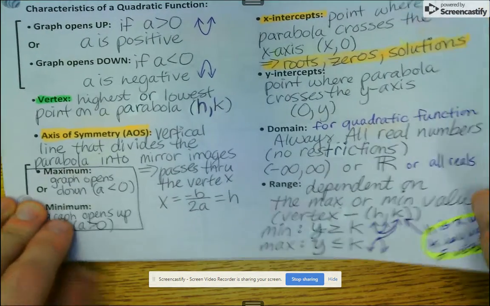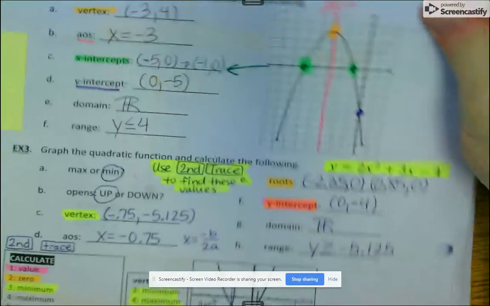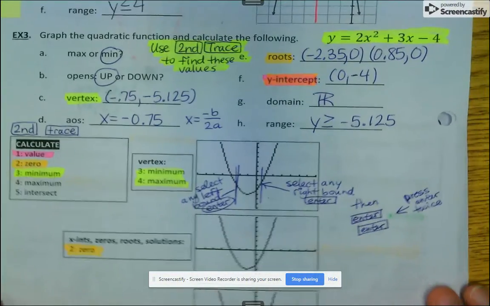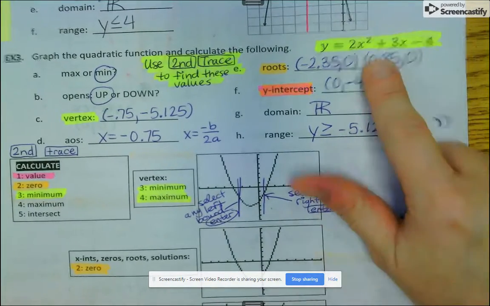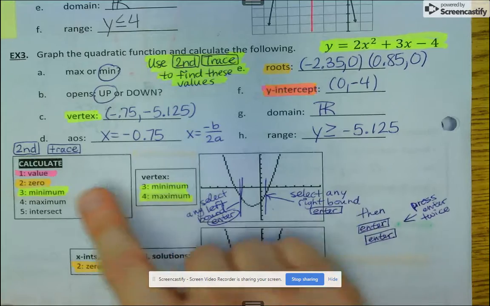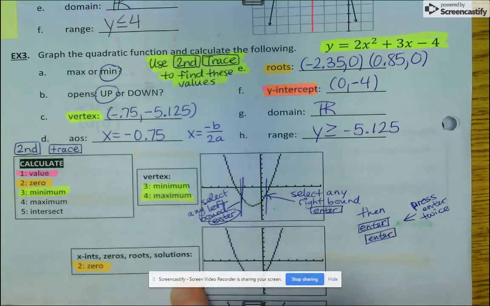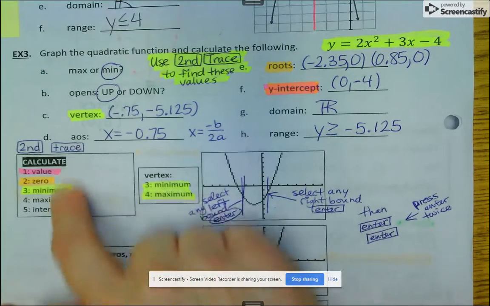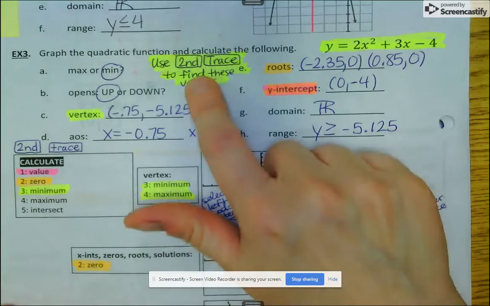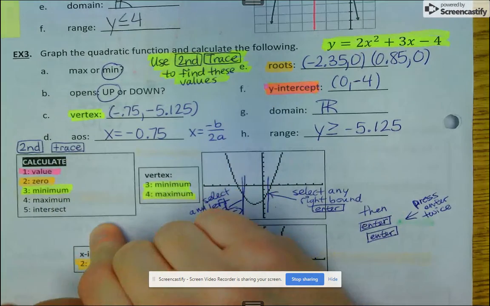Okay, so let's look at things you can get from your calculator. All this information can be gotten from your calculator. You can put an equation into your calculator and get all these values. And so here on page 4 in your packet, it tells you what the different calculates do. So you hit second trace to get this calculate menu.